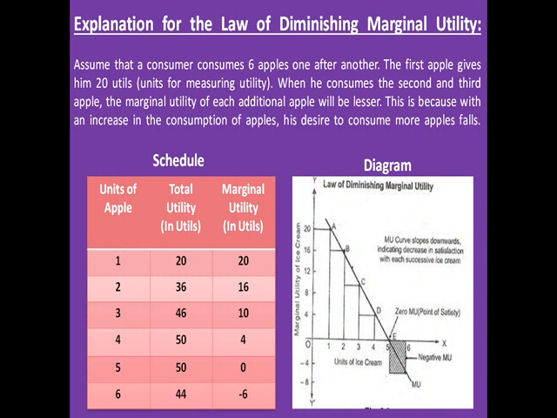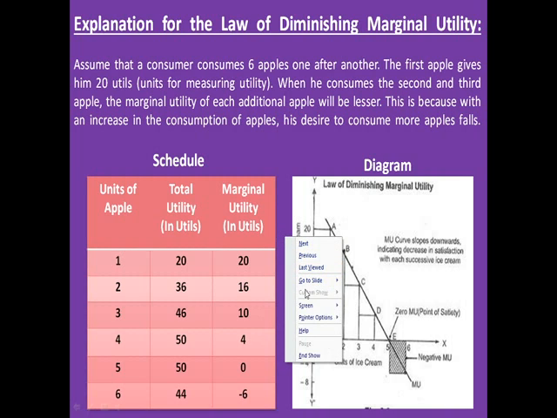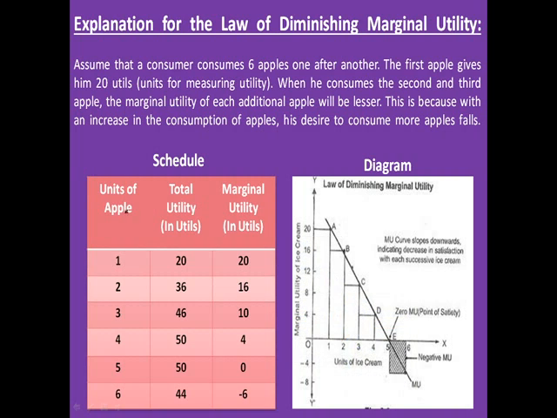Now let us have some explanation with our diagram and our schedule. Here in the schedule you can see the units of consumption, and the commodity taken is apple. When the consumer consumes the first unit of apple, the utility in cardinal form derived from the first unit is, suppose, 20, and the marginal utility is also 20.